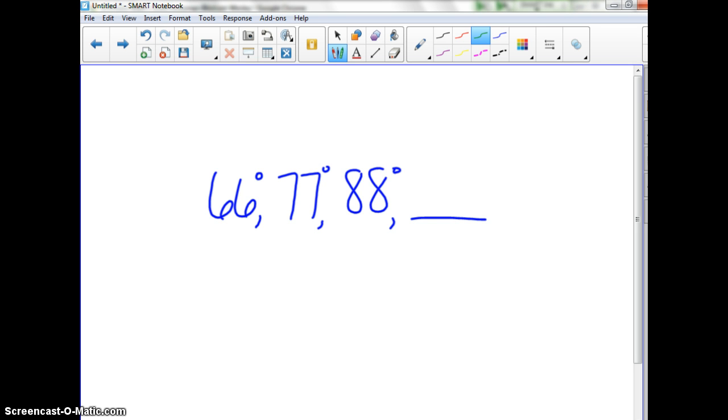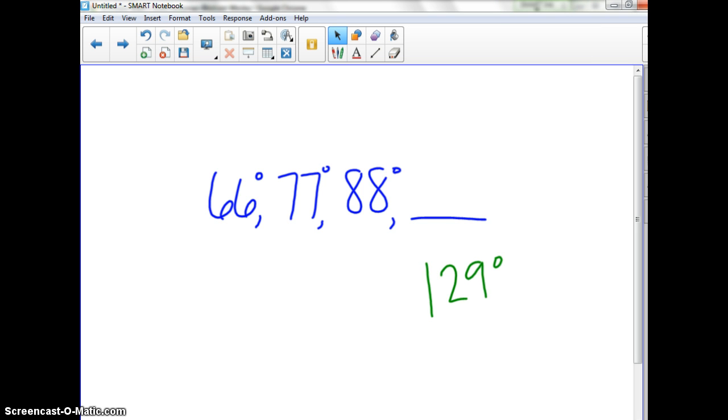Dathan. 129 degrees. Does anybody disagree? I thought for sure somebody would say 99 degrees. Well, I don't know. Why would somebody say 99? Yeah, like a pattern, right? 129 degrees is the correct answer.